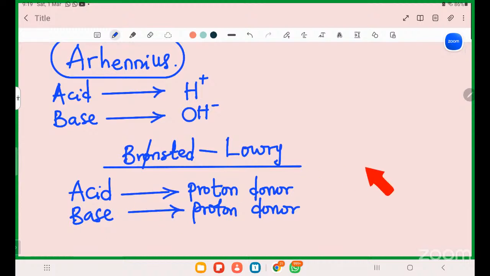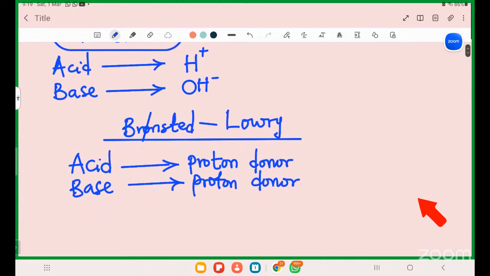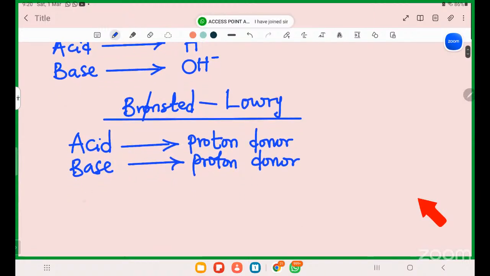So we looked at various examples and illustrations of these two. And we said that the products of a Bronsted-Lowry acid and base are known as the conjugate substances.